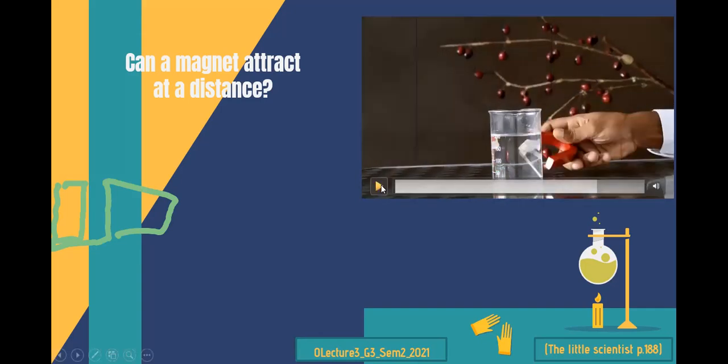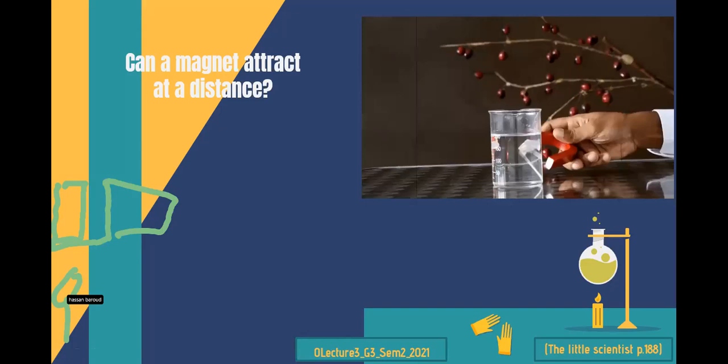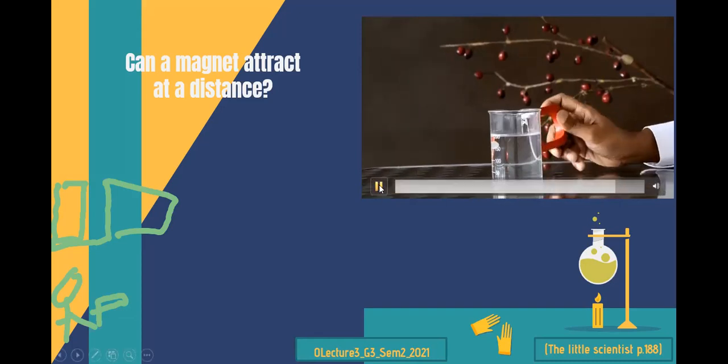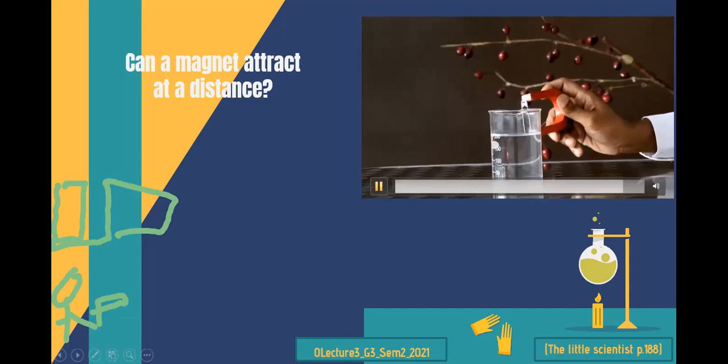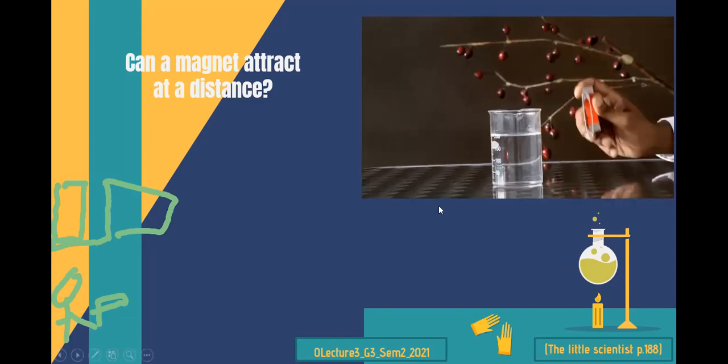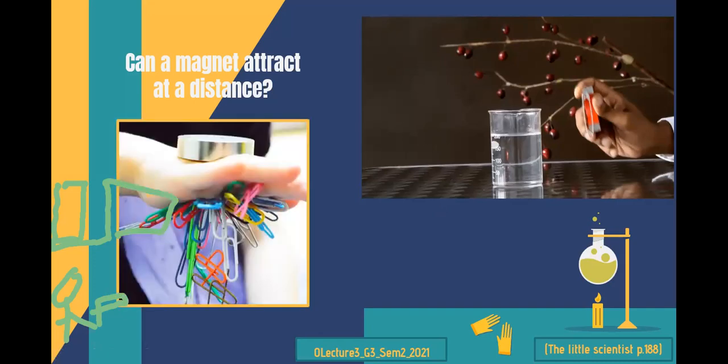We put the pin inside water. Will the magnet attract the pin? Yes or no? Yes. So magnets still work. Attract. Magnets still work on a distance.